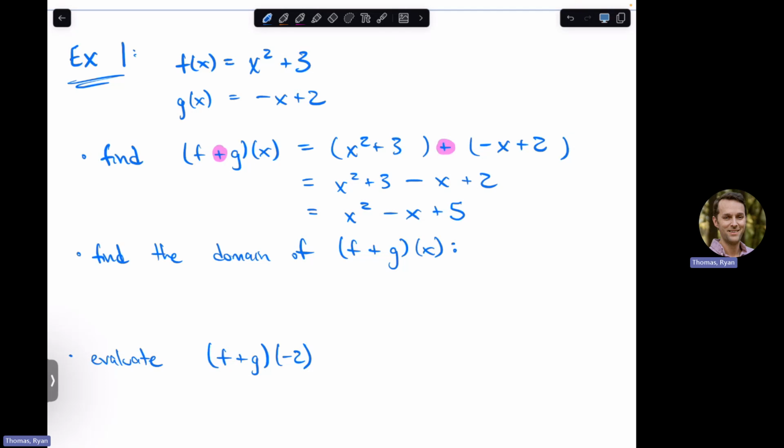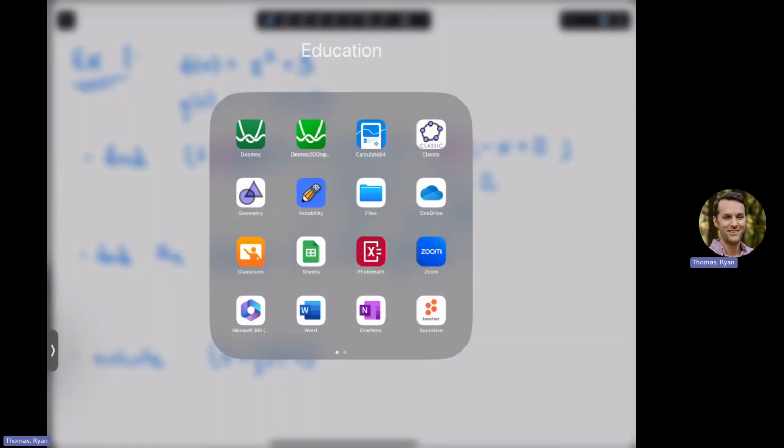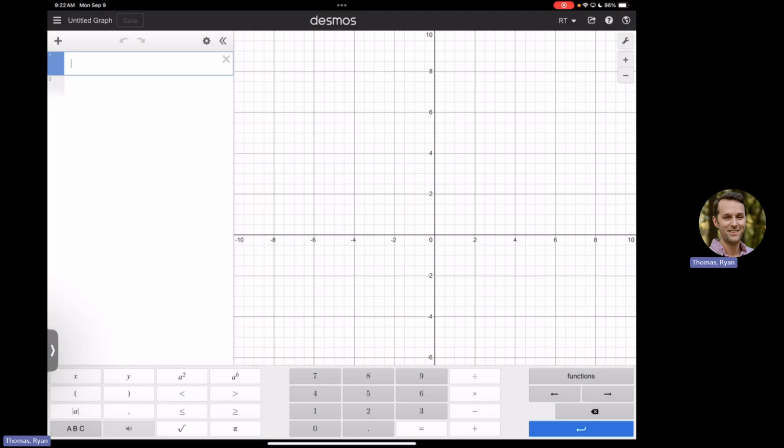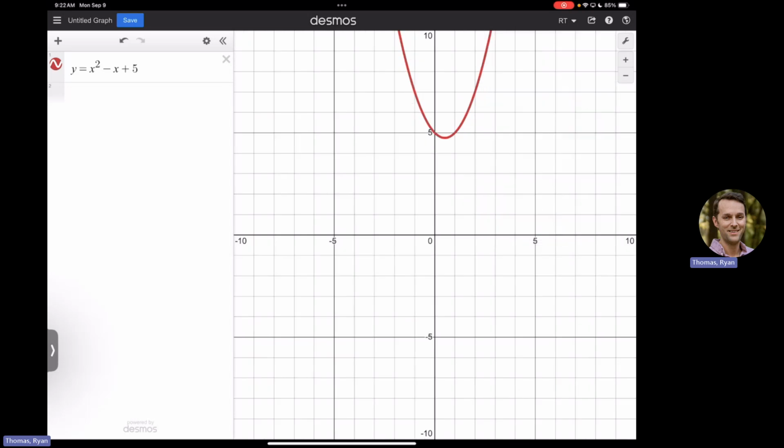Okay, we could graph it. At this point we don't have the full set of tools that we will eventually for thinking about domain. There's the graph of the thing. So what does it look like? It's an x squared type function, right? It's been moved around and transformed.